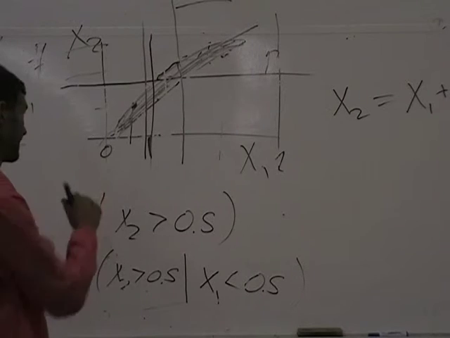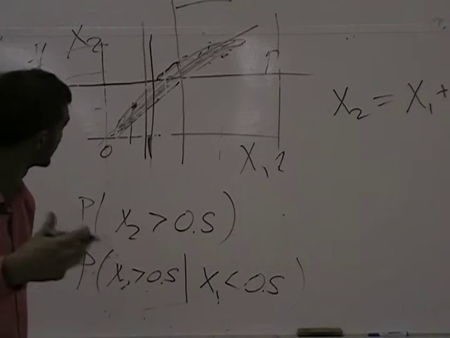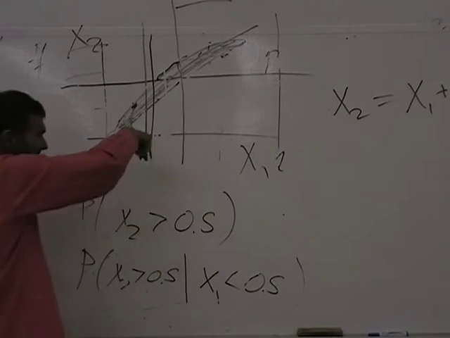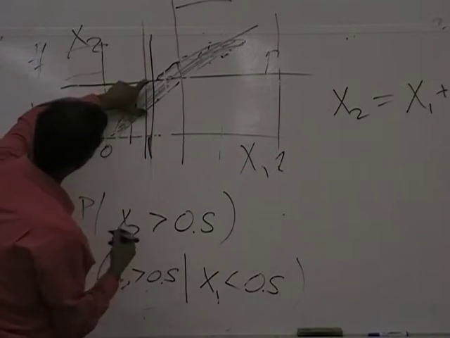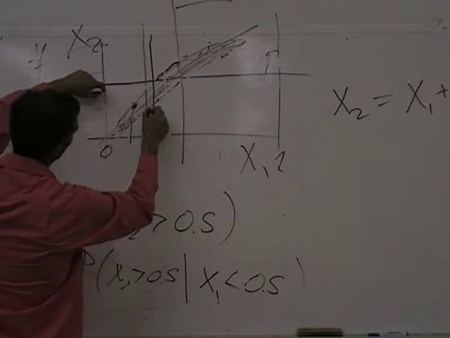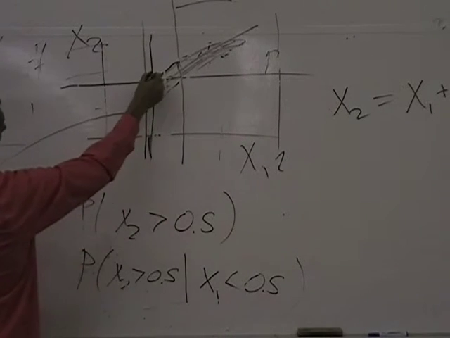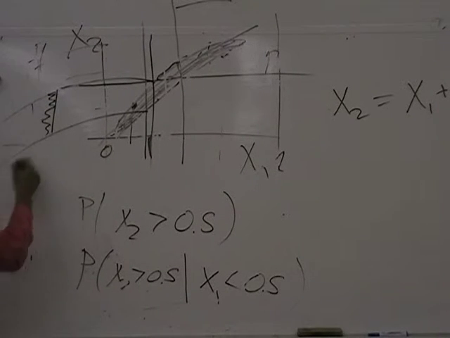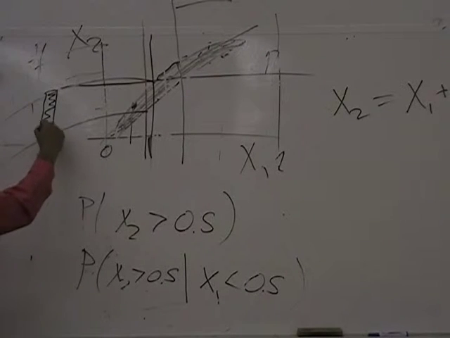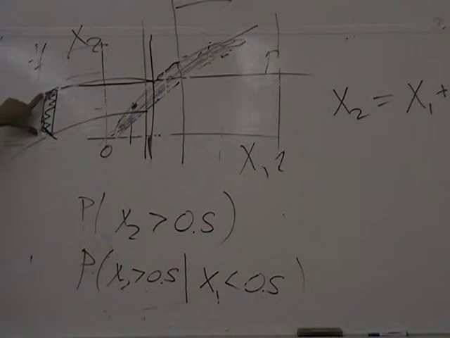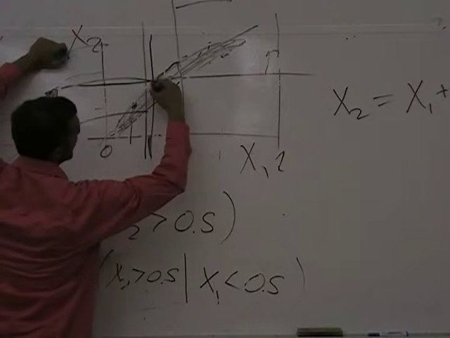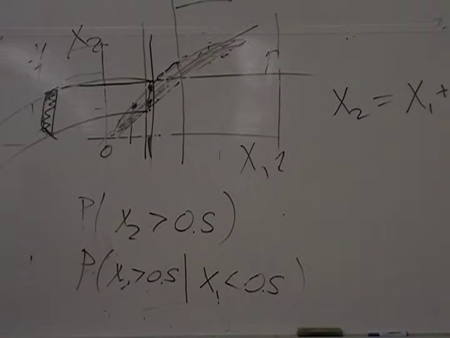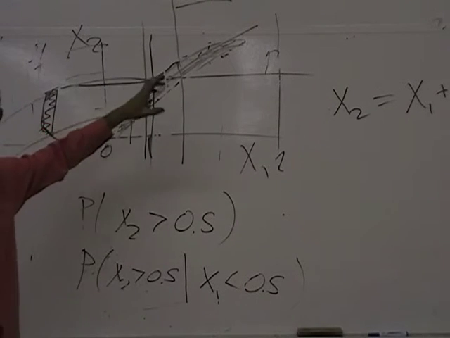And that probability distribution for x2 conditioning on this slice is a histogram that looks kind of like that. It's this spread here.